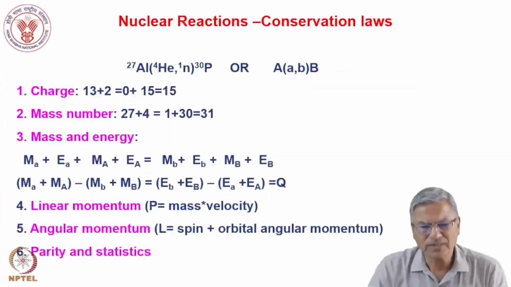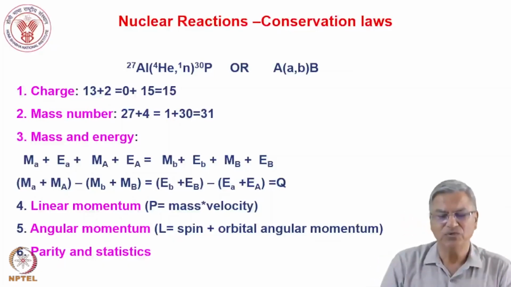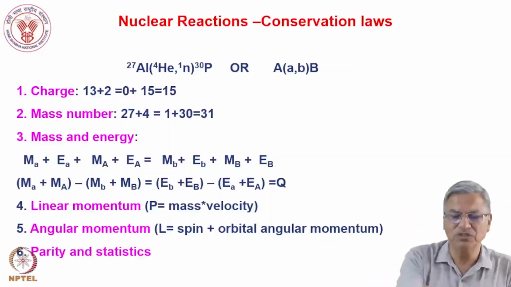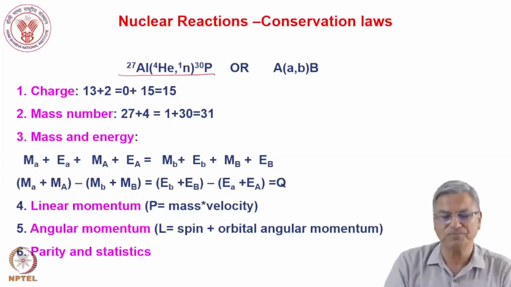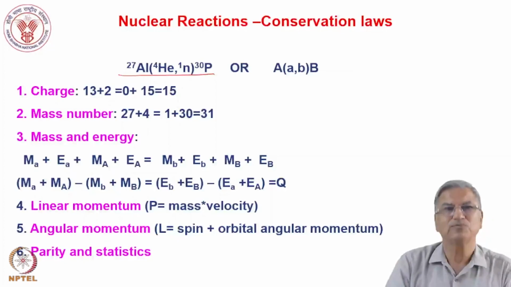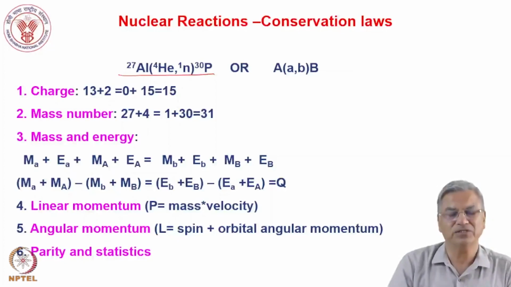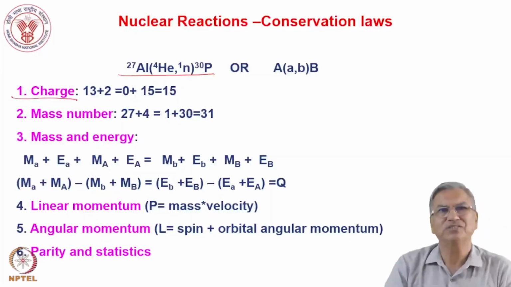So now let us discuss the conservation laws when we write a nuclear reaction, and I will be using this as an example to illustrate the points. Aluminum-27(alpha,n)phosphorus-30 is the reaction we will use. In any nuclear reaction, the charge is always conserved. That will help you in writing the nuclear reaction.